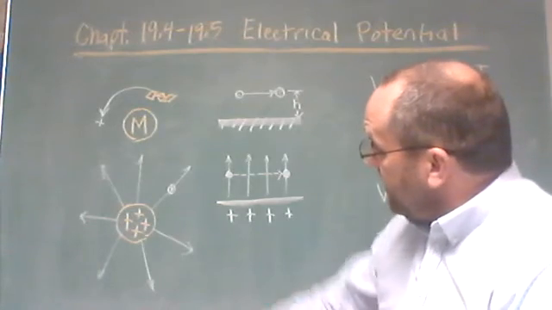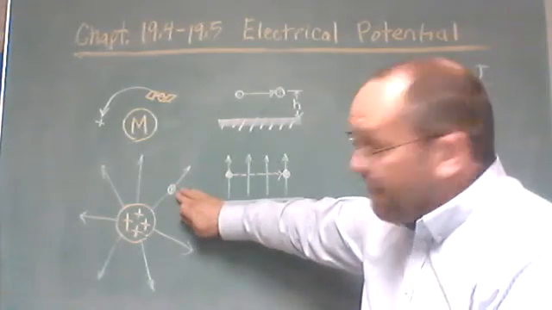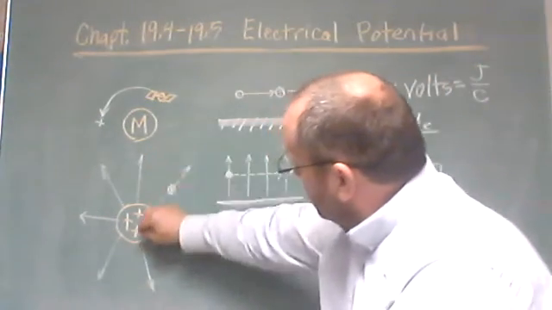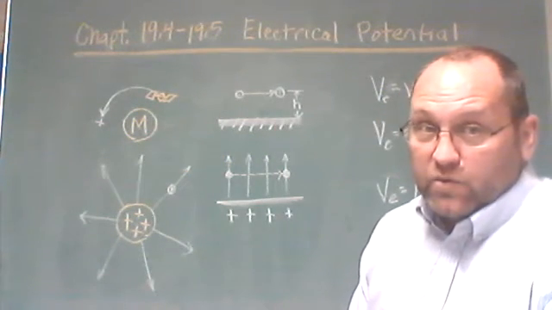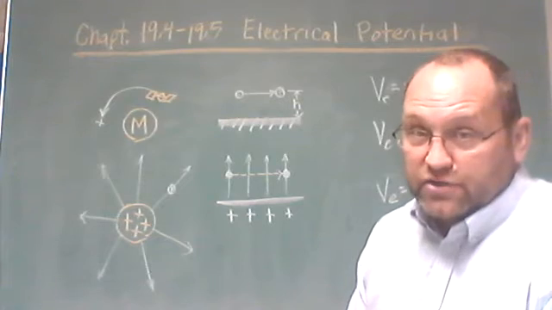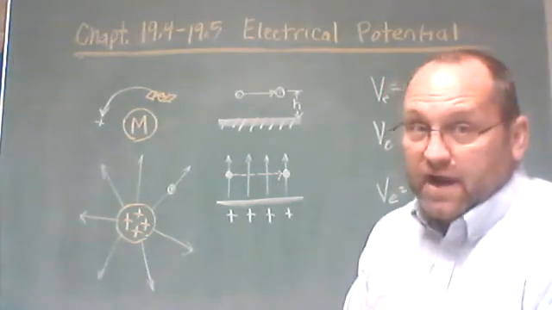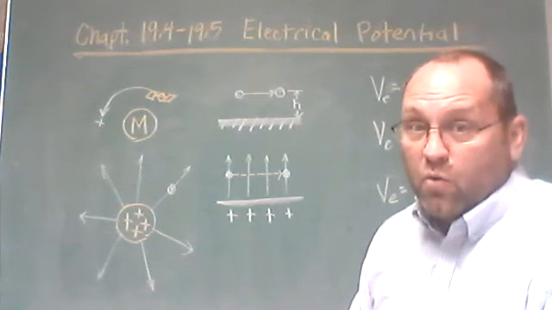If we have a massively charged object here, a positive, and we have our positive test charge here, and these vectors represent the electric field, which also represents the direction of the force vector away from that massively charged object, they go radially outward.